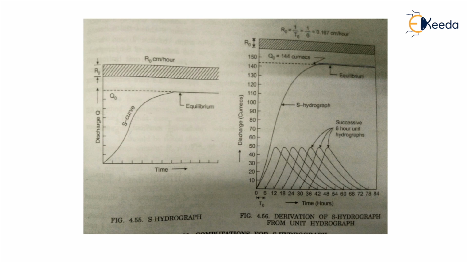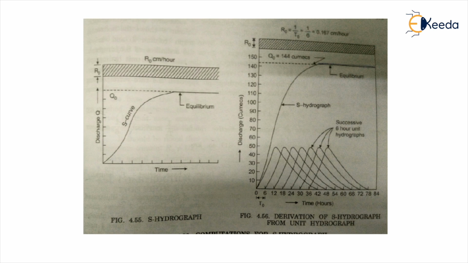Then in the next diagram, you can see how the S-curve hydrograph is derived from a unit hydrograph. As we said, this S-curve hydrograph is constructed by adding together a number of unit hydrographs. You can see here the successive 6R unit hydrographs.